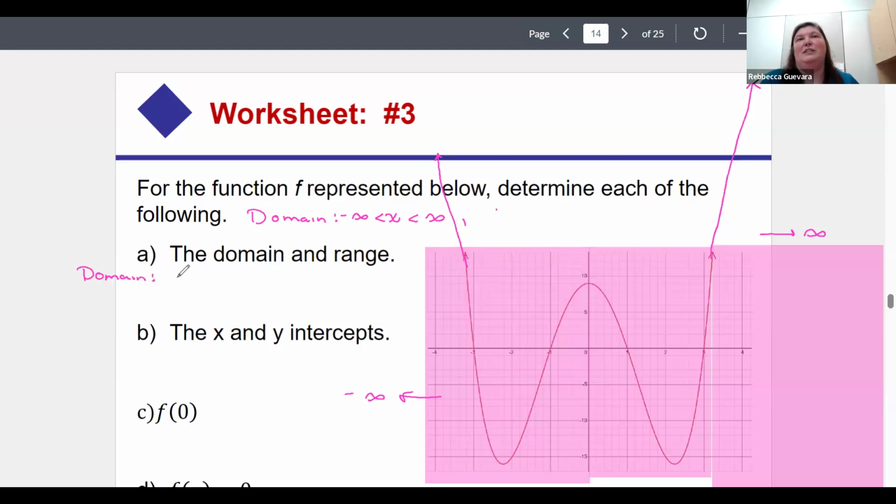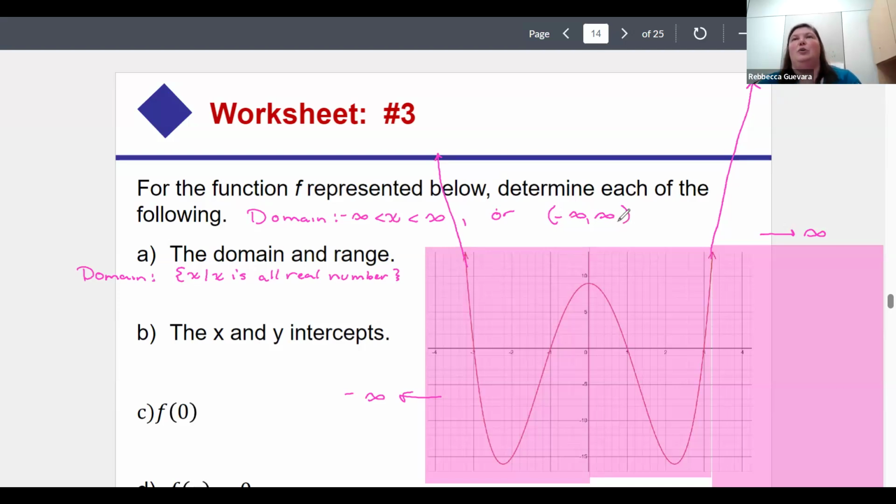Normally how you'd see this domain is we would say the domain is x such that x is all real numbers. We're going from negative infinity to infinity, covering everything, all real numbers. If we were to do this with interval notation, it would look like this.